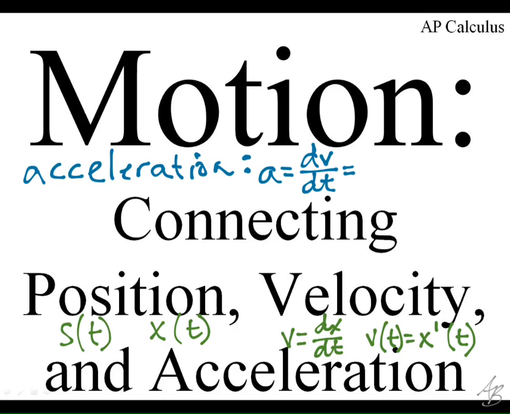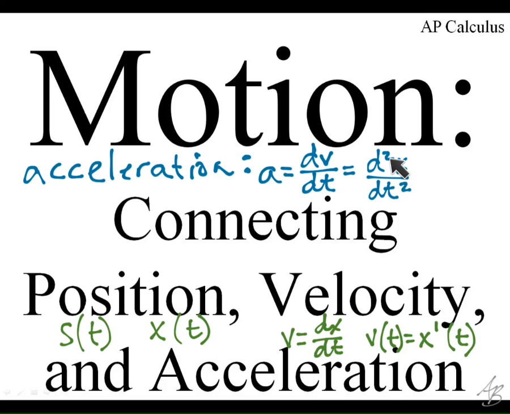But since we're taking the derivative of a derivative, if we want to write this in terms of our position, we took dx dt, and then we take the derivative of that. It's going to be written like this. So it's the second derivative of x with respect to t.